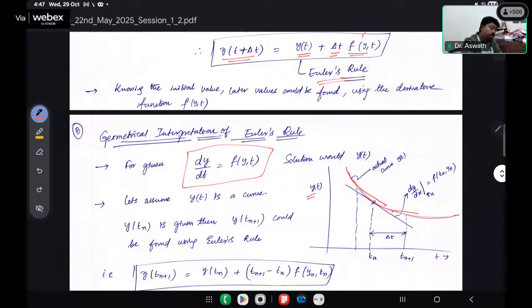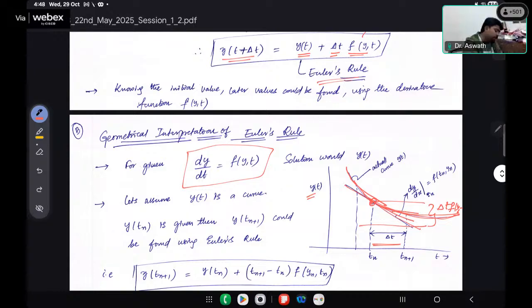Now the Euler method uses the old value and draws a slope at the old value, and for that slope it multiplies a step size. The moment you multiply a step size to the slope, you will get a small correction term, delta t into f of y comma t.